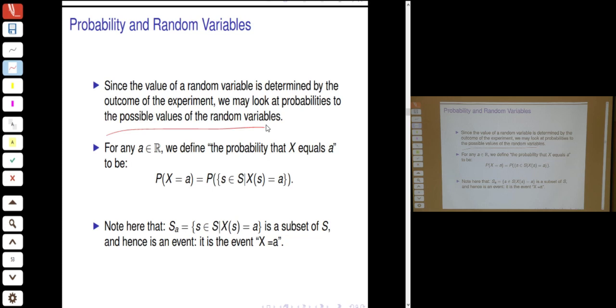Since the value of the random variable is random, we can associate to each value the probability of the random variable taking that value. So, we can think of the probability that the random variable equals A, which is the probability of the set of all the outcomes which lead to X of s being A. Okay.